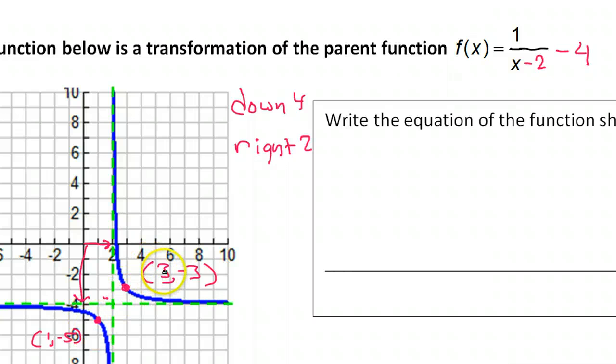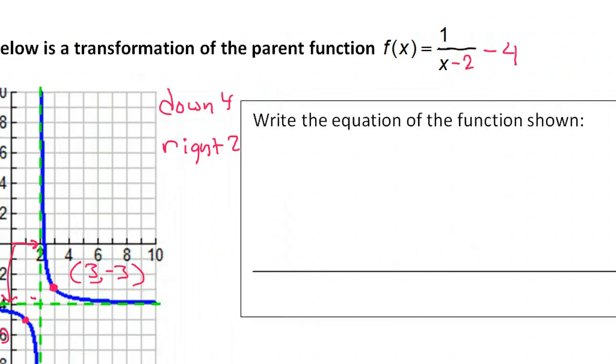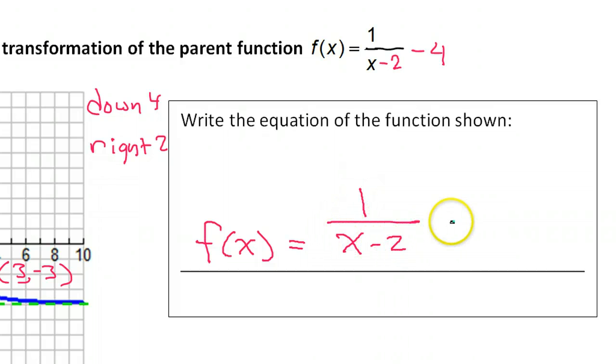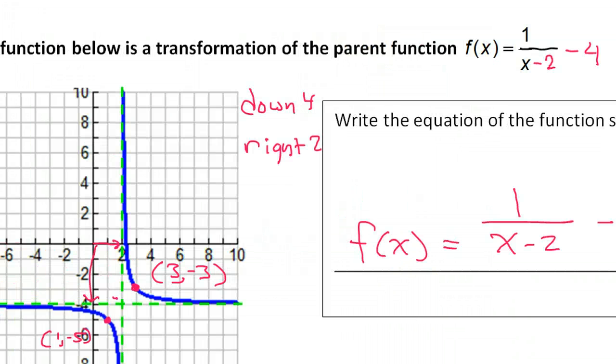Those points are part of this function, so this must be the correct graph. So I'm just going to copy this down here. The correct answer is in fact f of x equals 1 over x minus 2, minus 4. Okay, so that was number 8.